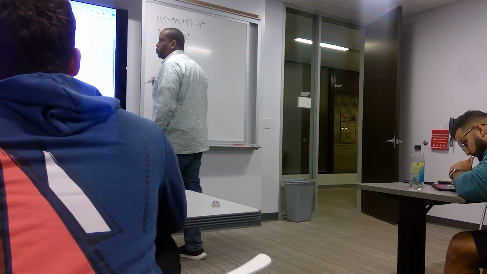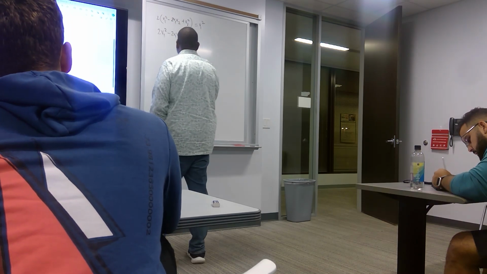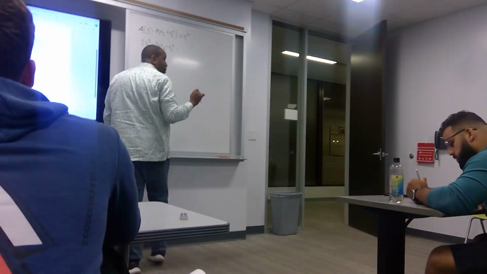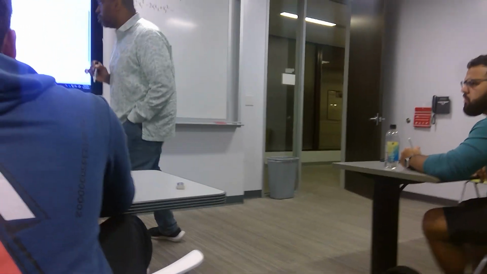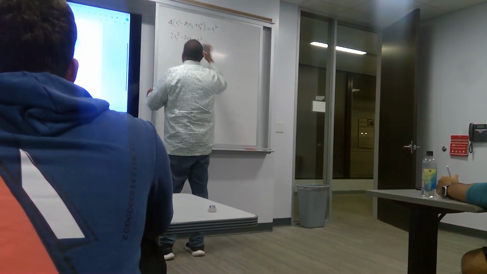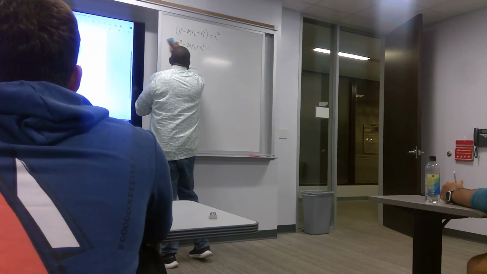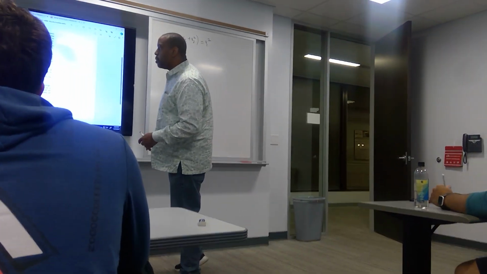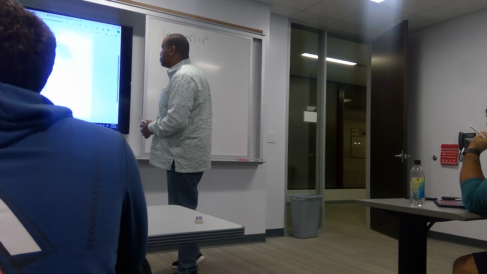Oh yeah, we have a 2, I'm sorry. So this should be a 4 here. The 2 is squared, so 2V1 squared minus 4V1V2.